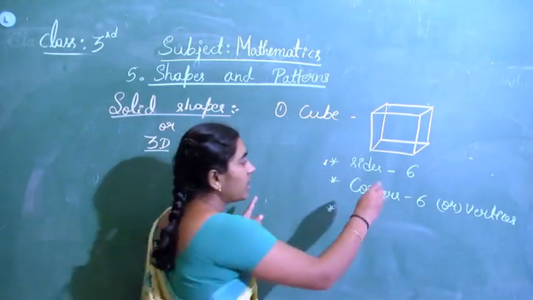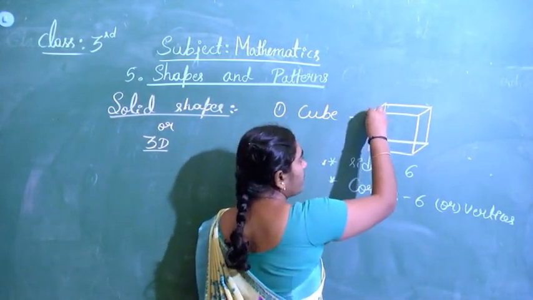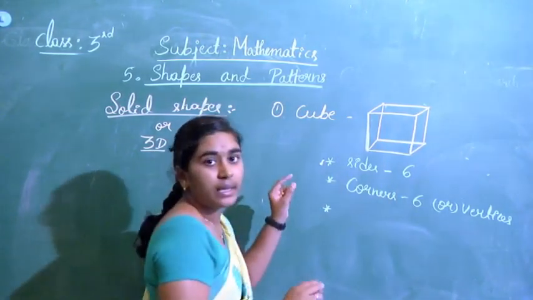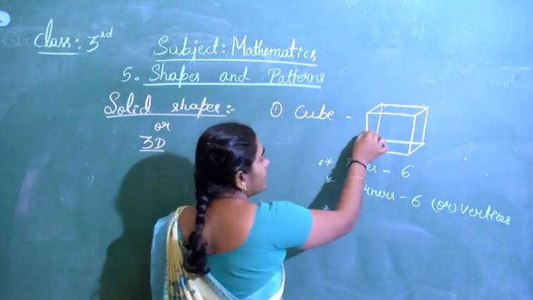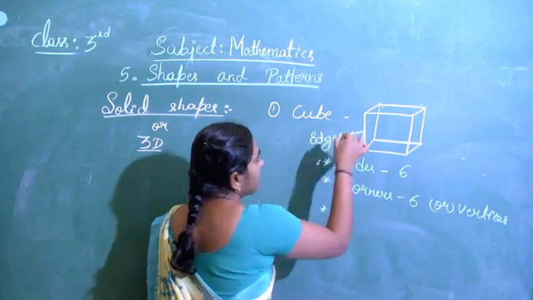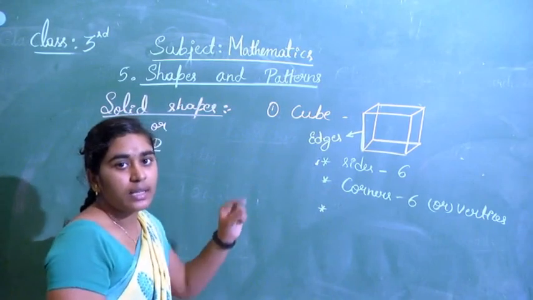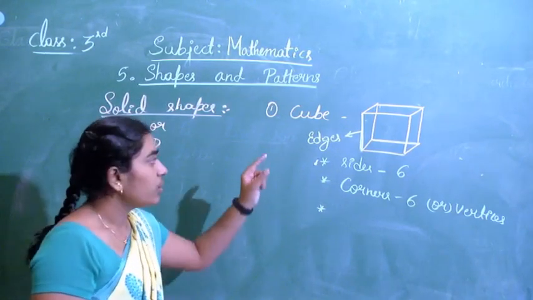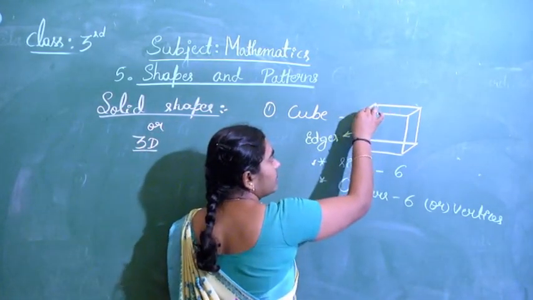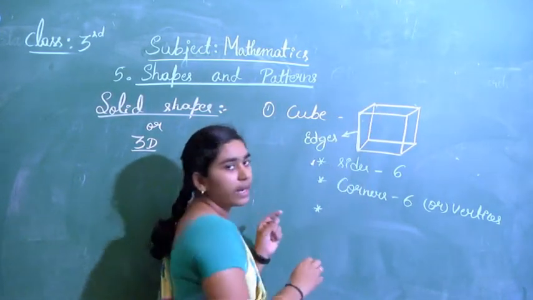Here one more thing you will learn is these lines. You can observe these lines. They are called edges. Edges means the line which joins the two sides, right?